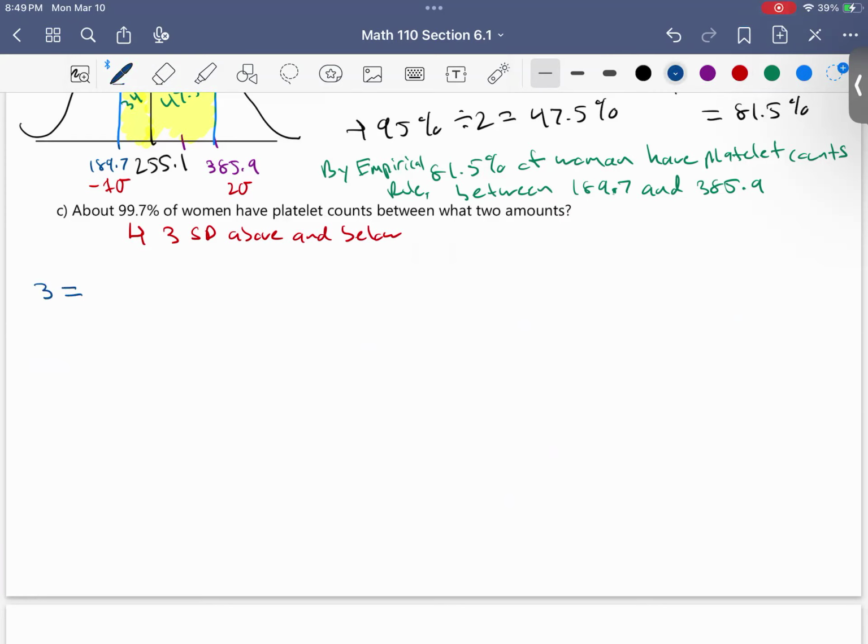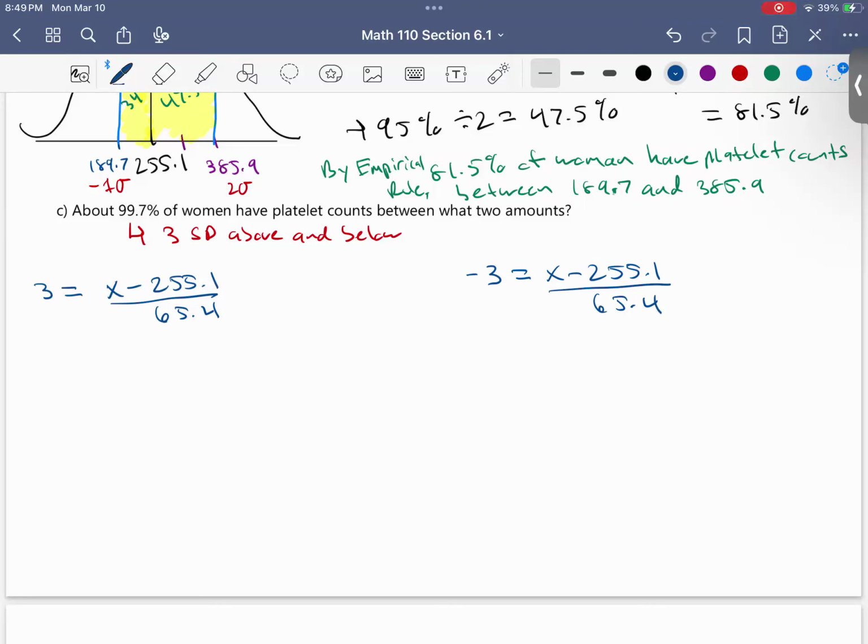So I'm going to set 3 equal to x minus the mean, which is 255.1, over 65.4. And I'm going to set -3 equal to x minus 255.1 all over 65.4.